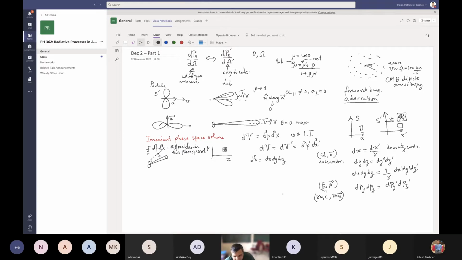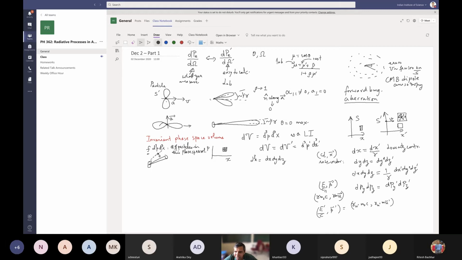Since there is no bulk motion in frame S prime, what is the value of E prime by c comma p prime? That is equal to gamma u prime m naught c comma gamma u prime m u prime.